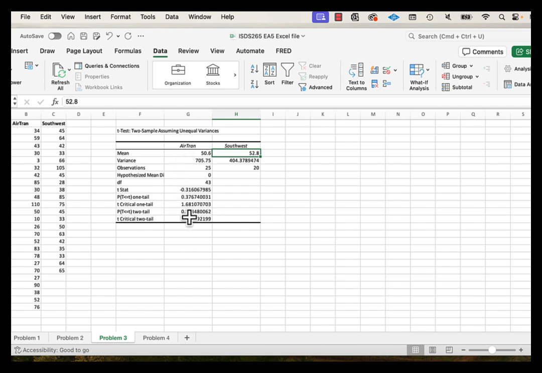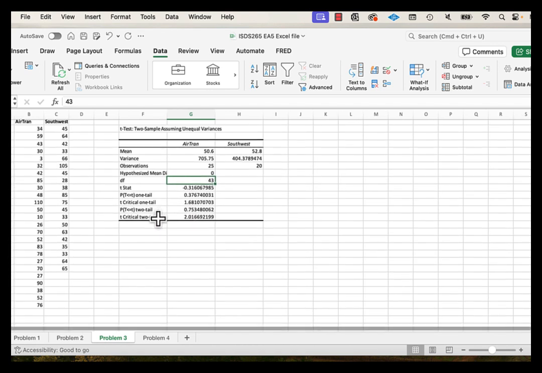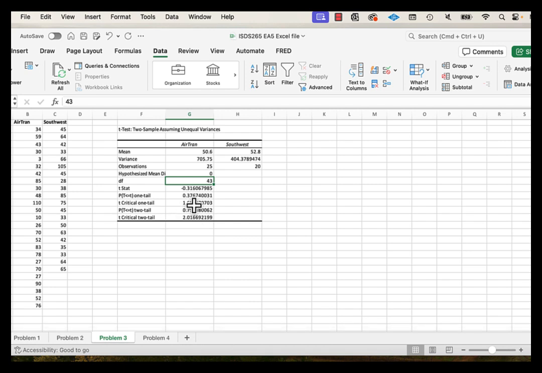On these critical values that they show here, this is derived based upon the fact that this follows a t-distribution with 43 degrees of freedom. Degrees of freedom is calculated for you. And the significance level is 0.05. If we went back in there and changed the significance level to 0.1, the p-values would stay the same, but the critical values would differ.